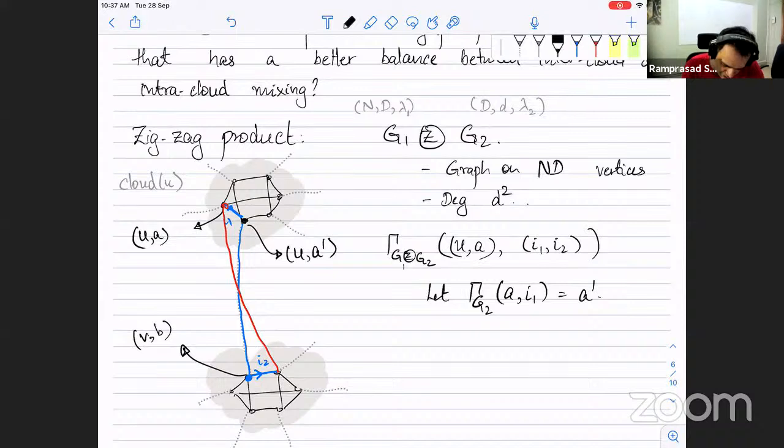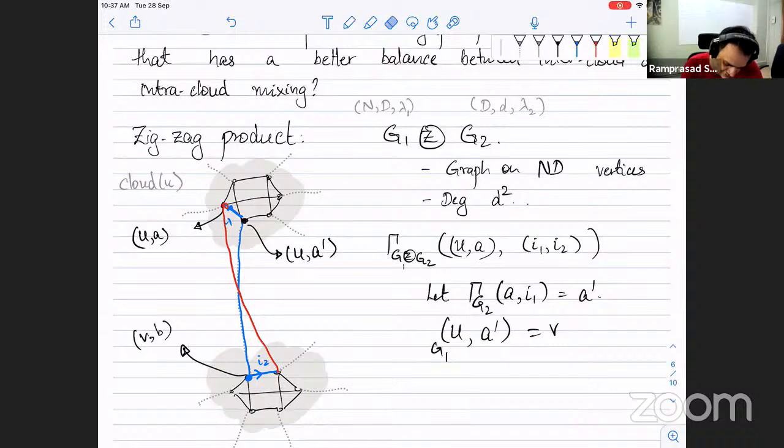Now gamma of (u, G1, a prime) is equal to b. This is like saying a prime is actually a vertex label in the graph G2, but I can think of that as an edge label in the graph G1. It's like saying that vertex is responsible for this edge. So I take the corresponding edge, and I end up at v, but maybe via its bth edge.